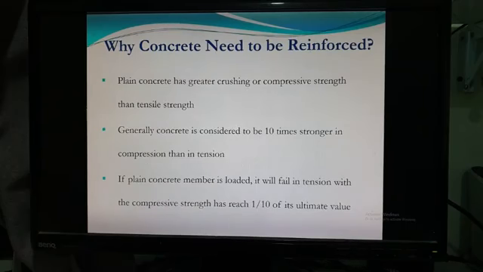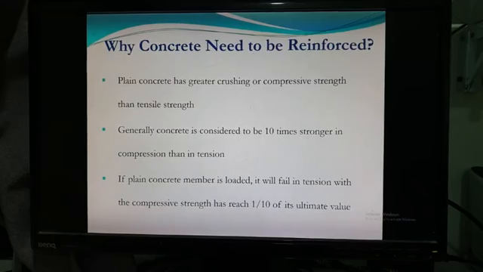So why does concrete need to be reinforced? We know that concrete only has good compressive strength. It does not have great tensile strength. The difference here is like 10 times.